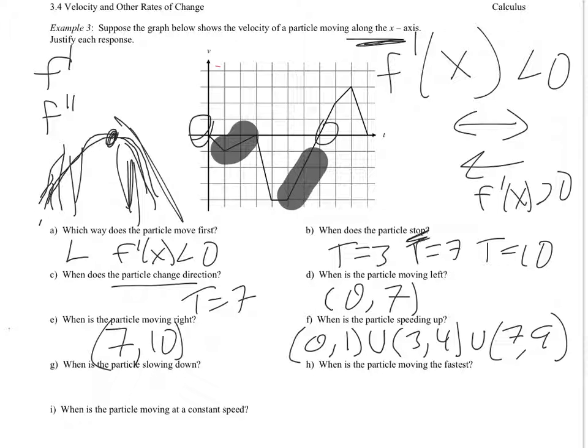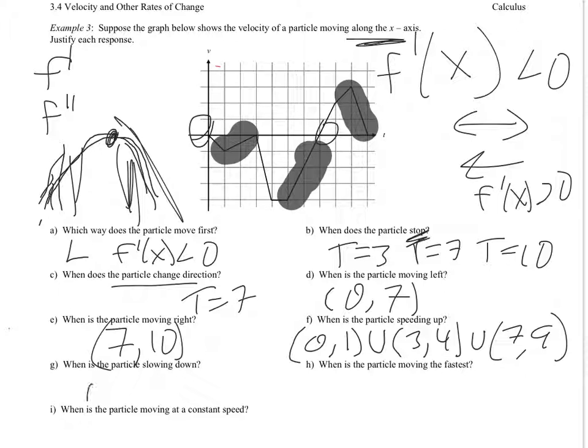Here I see positive slope and negative y values. Here I'm seeing negative slope and positive y values. So those are places where the particle is slowing down.